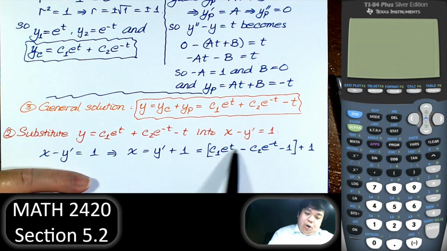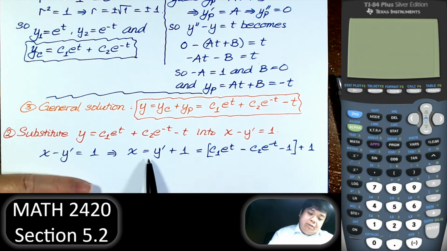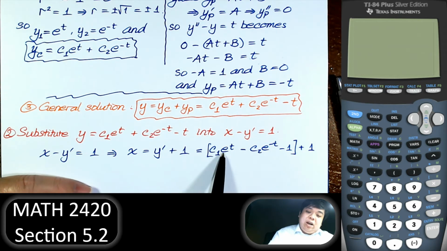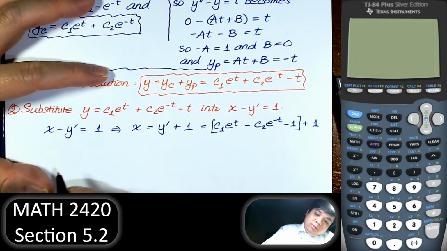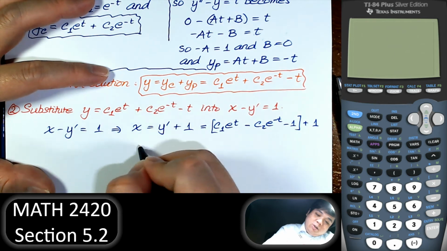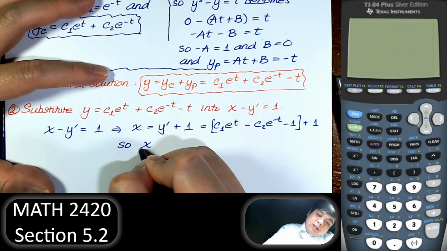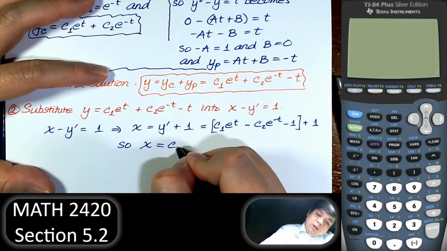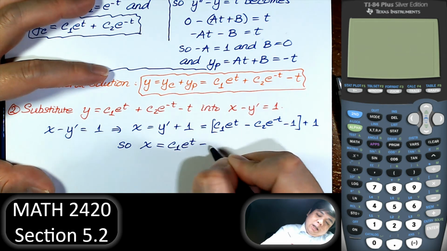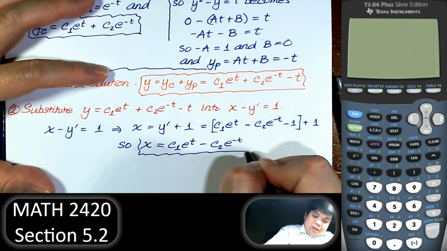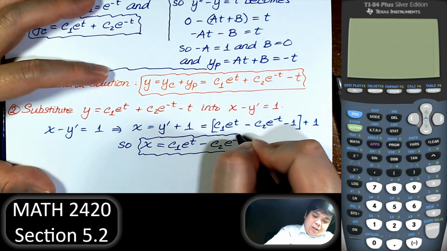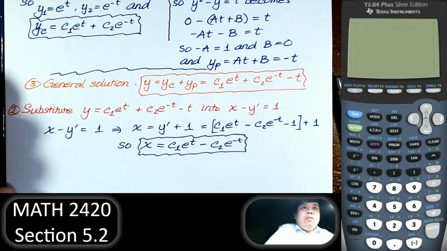Remove the parentheses, that cancel out. 1 and 1 cancel out. So x equal to c1 e to the t minus c2 e to negative t.